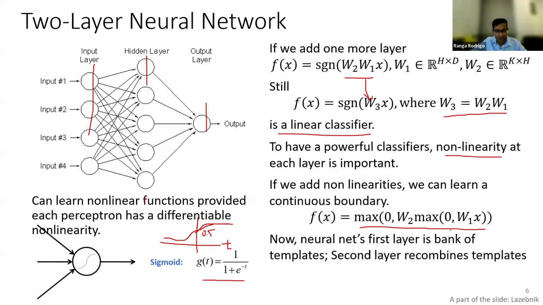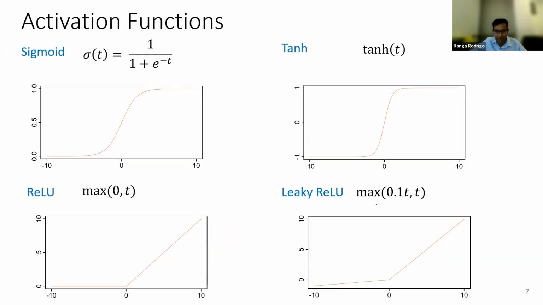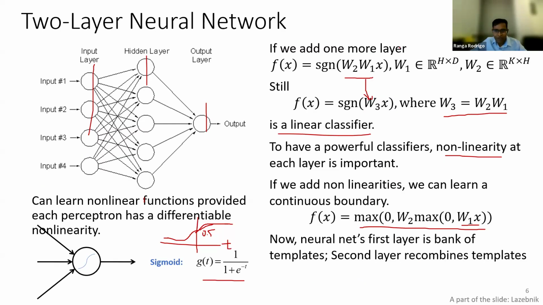So I will show you what this looks like. Take W1x, and let's draw this. Here is a graph I'm drawing. This axis is W1x, the value that you get from W1x.